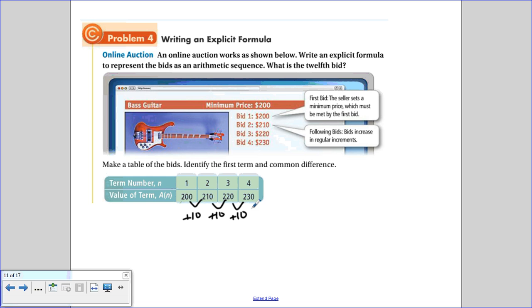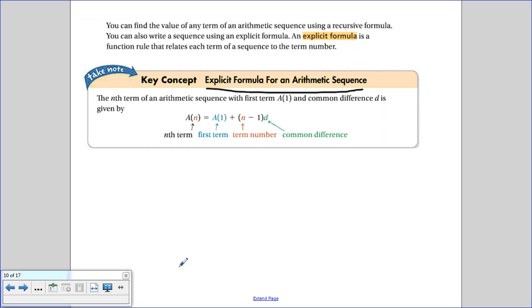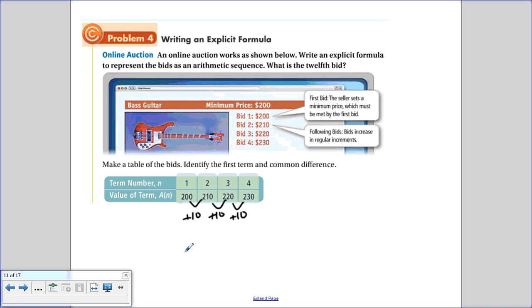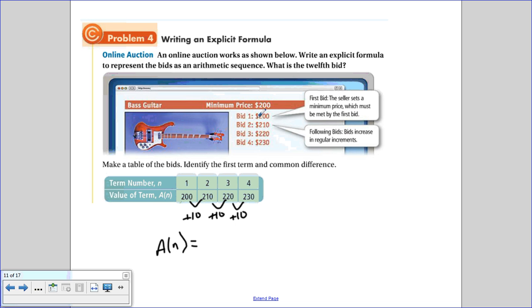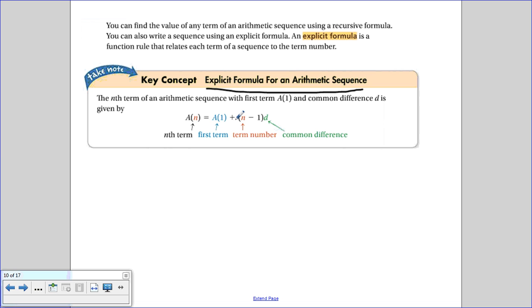Okay? So now if we use this previous formula, we say, what was a sub 1? What was the first bid? The first bid was 200. Plus term number.